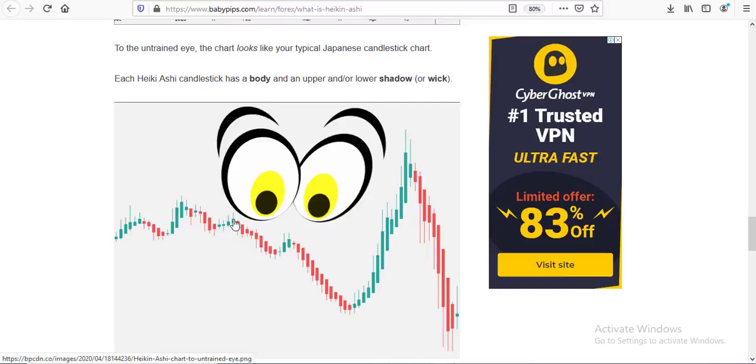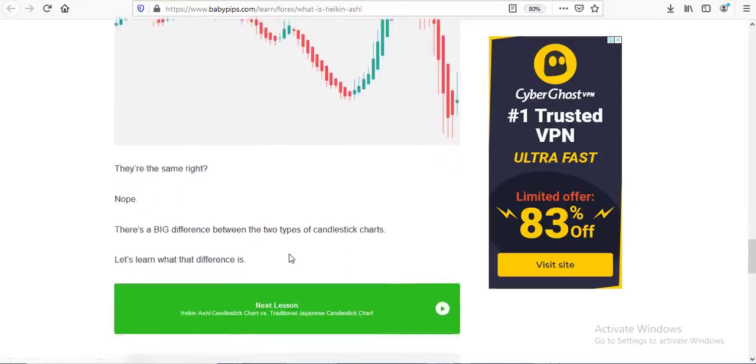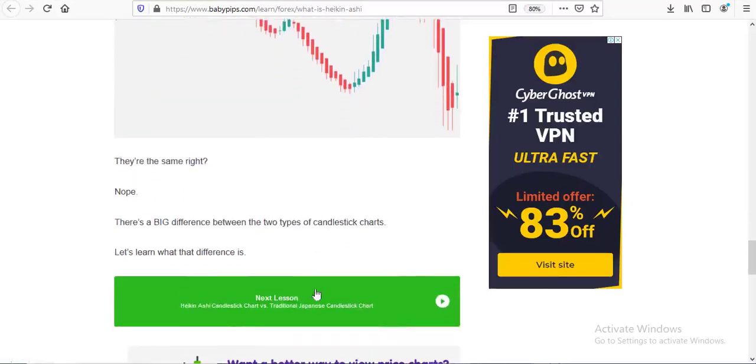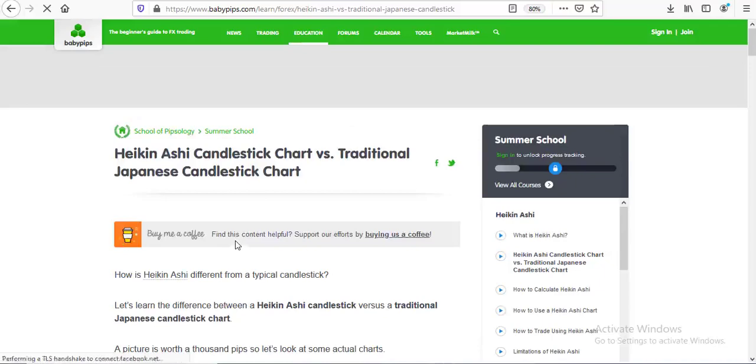Like they have wicks to the top or shadows to the top and to the bottom as well. Okay, and I think they are wicks. They are actually huge, to the top, and I think this is beautiful. So let's now go and learn the difference between the Heikin Ashi chart versus the traditional Japanese candlestick chart.